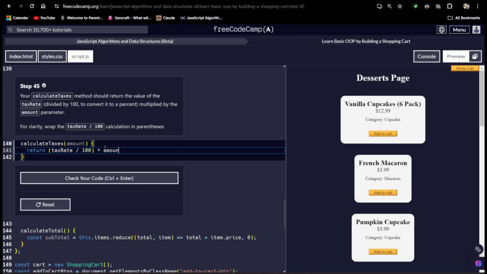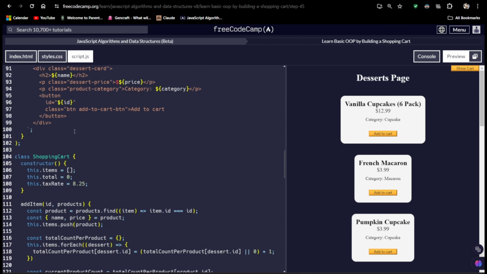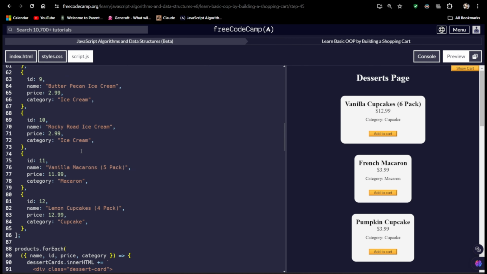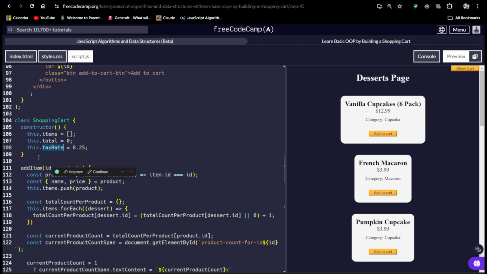Multiplied by the amount parameter. But this would be wrong because it says you should divide tax rate by 100 in your calculate taxes method, and remember to use the this keyword. Why? Now that is because if we go up, we have here our class shopping cart, that we have a constructor with a tax rate property and with the use of the keyword this.